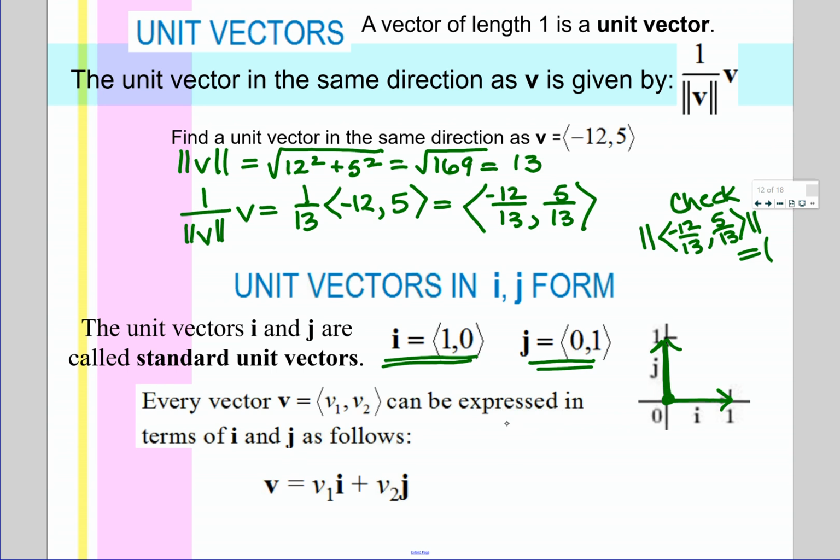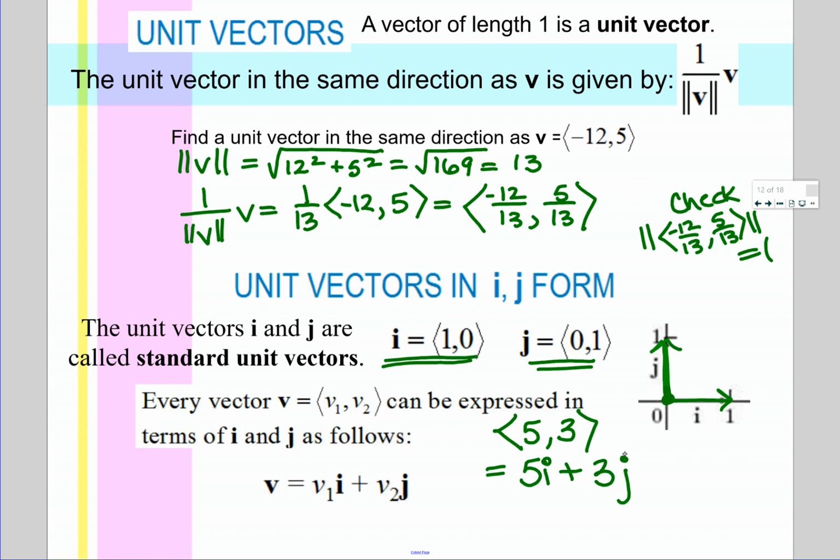If I have a vector like, let's say I have the vector 5, 3, that's in standard form how it's written. I could also write this as 5i. I have 5 horizontal components, and 3j. I have 3 vertical components. So it just creates another way for us to be able to write vectors.